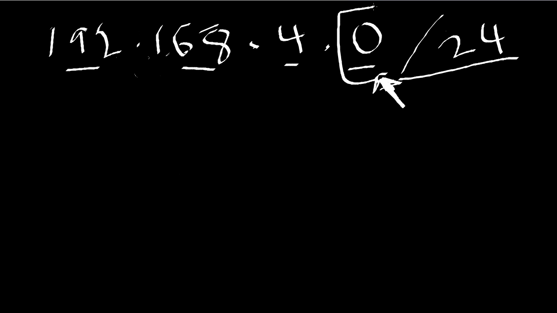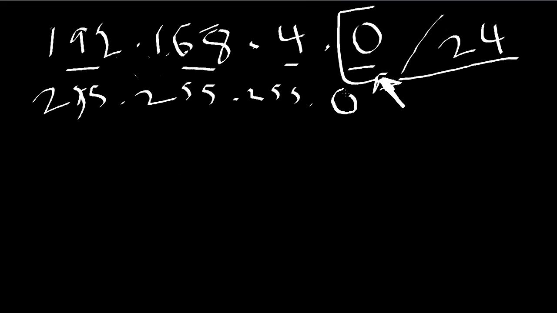So how will you represent this? Since it's a subnet mask, first 255 dot 255 dot 255 dot 0, 8 bits, 8 bits, 8 bits, summing up to 24.